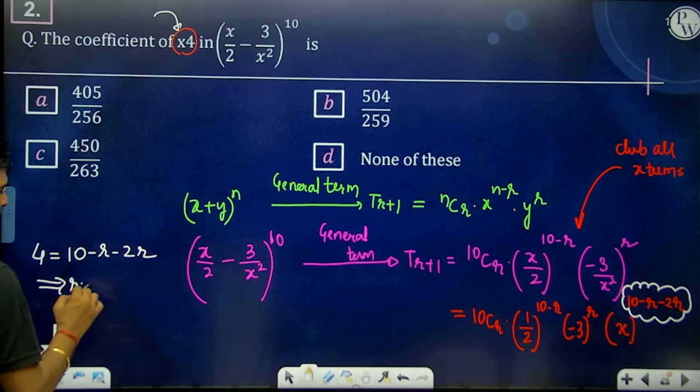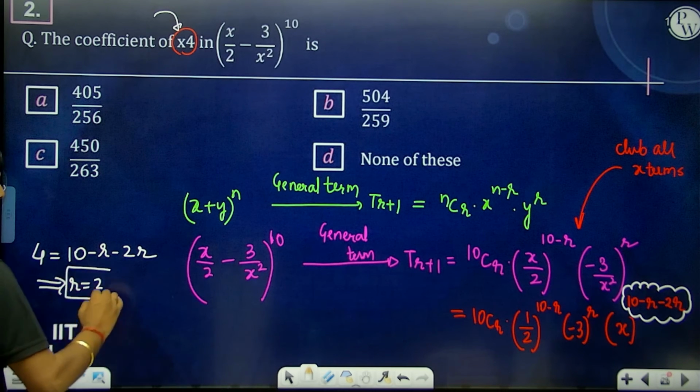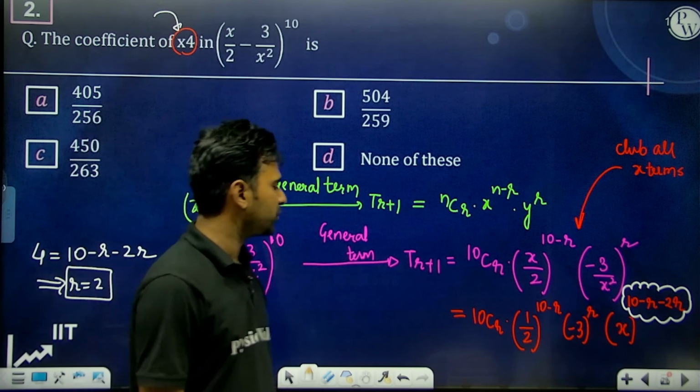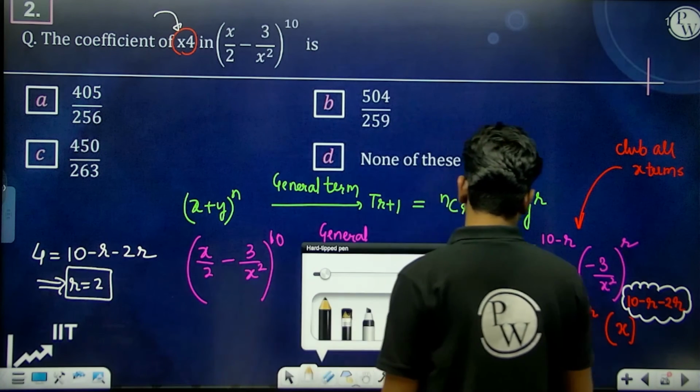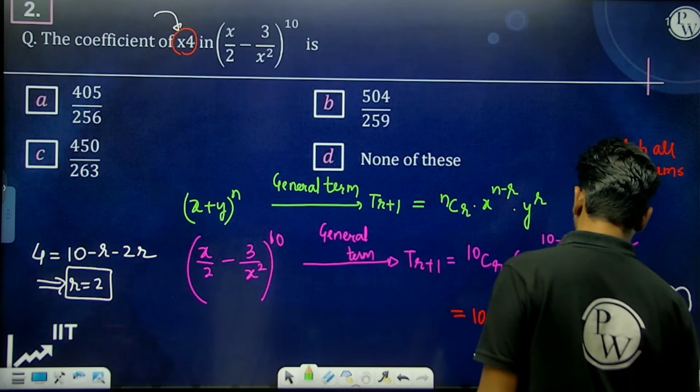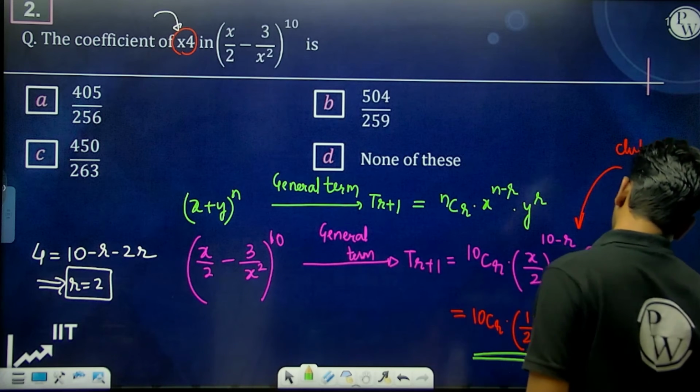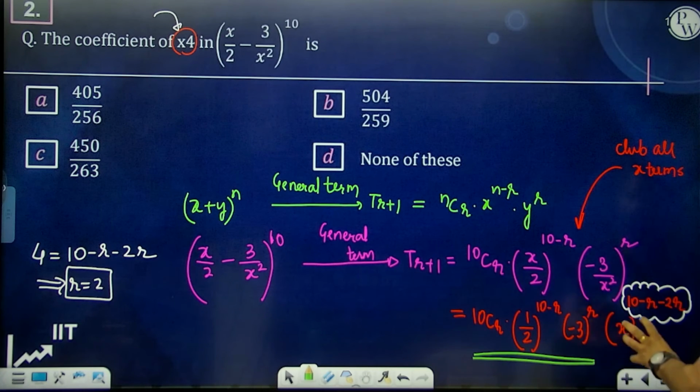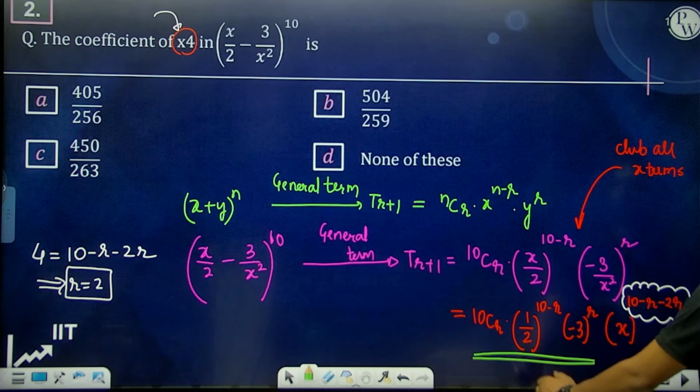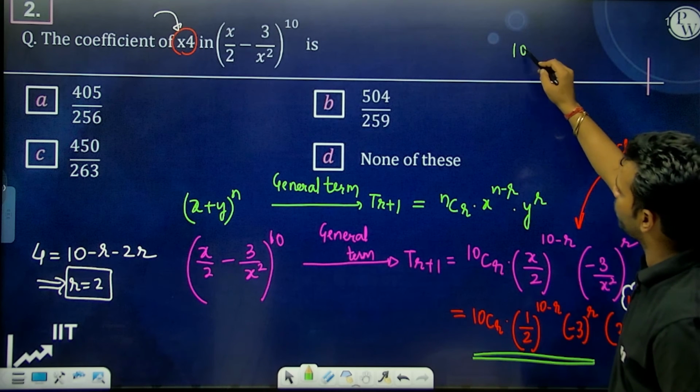Yes, r equals 2. So now the question is asking us the coefficient of that particular term. So over here we need to put r equal to 2 in this green underlined portion, because the moment we put r equal to 2 over here, it will become x to the power 4. So the coefficient is going to be this particular thing. So r is what we need to put equal to 2.